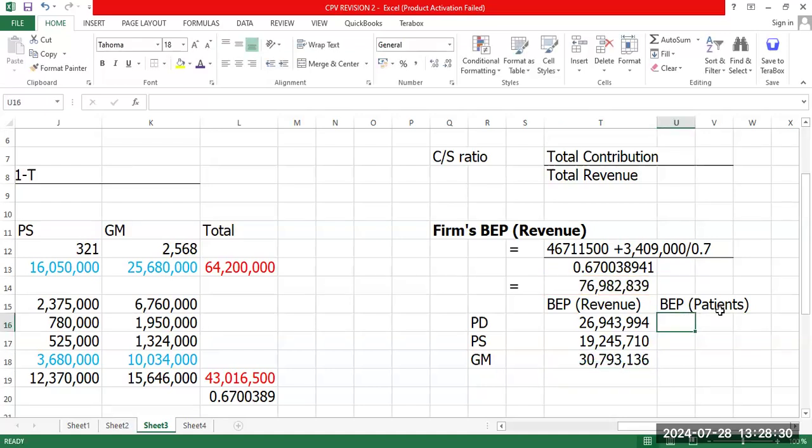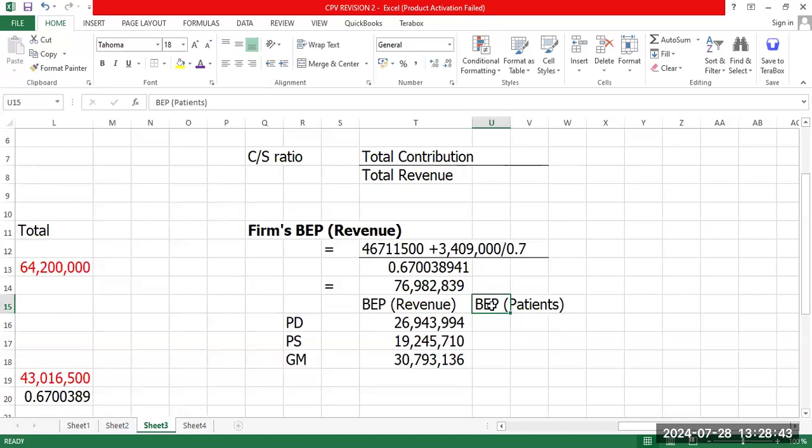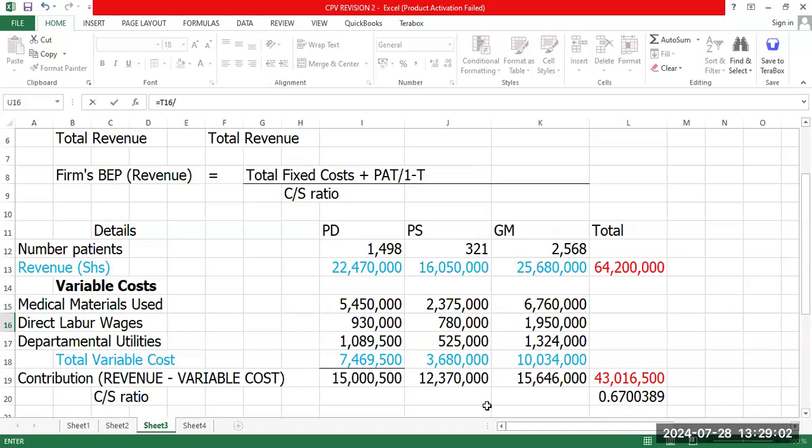Then how do you get break-even point in units? You can just get the revenue you have here divided by the selling price. Do we have the selling price directly in this question?